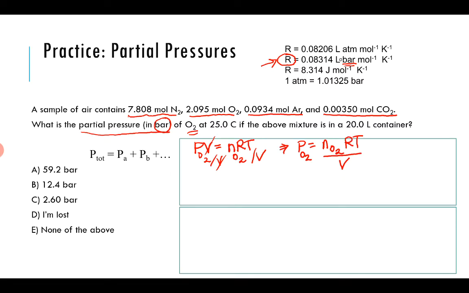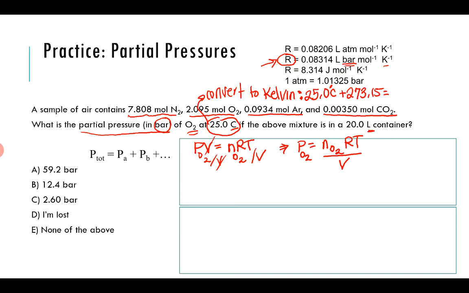My R says that my volume should be in liters, which it is, and my temperature needs to be in Kelvin. So I need to convert this temperature to Kelvin. I have to add 273.15. That is on your yellow sheet.